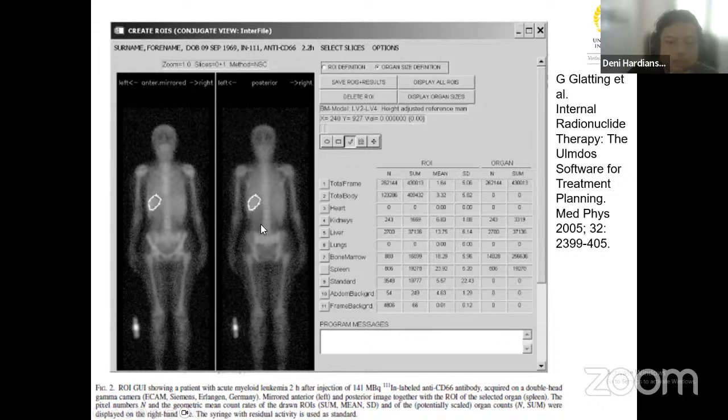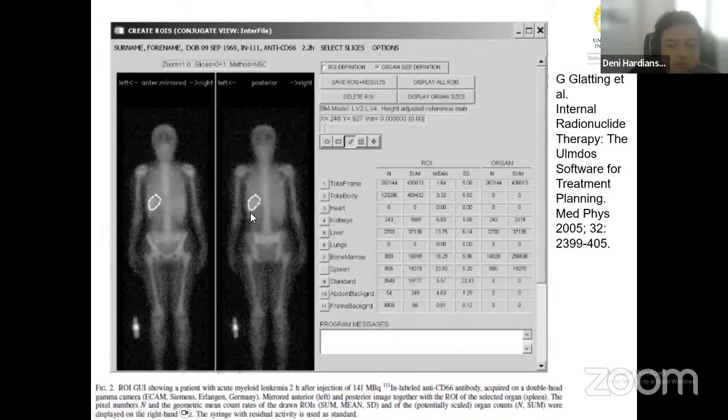Your job is first, of course, to make sure that the image is good enough. There are so many things that you need to check actually, but let's continue to just this quantification. For the quantification, you need to draw a region of interest of, for example, this one, the kidney, right?